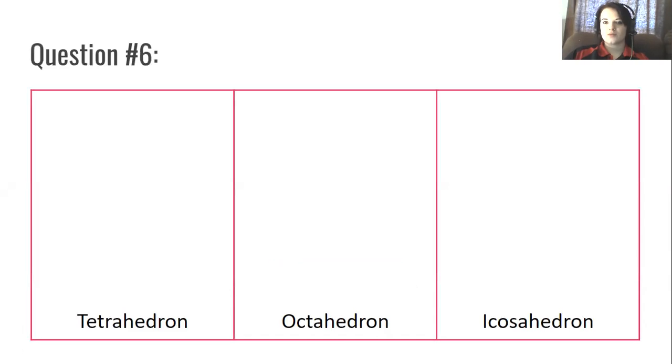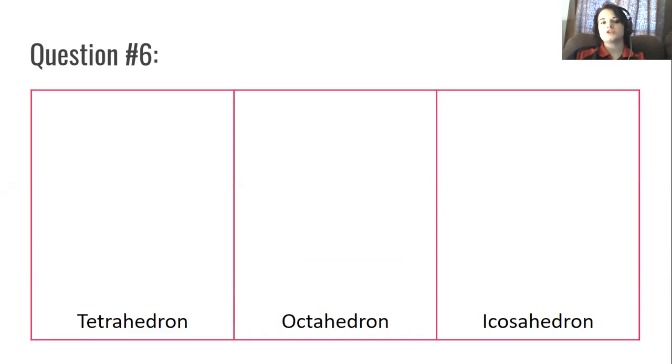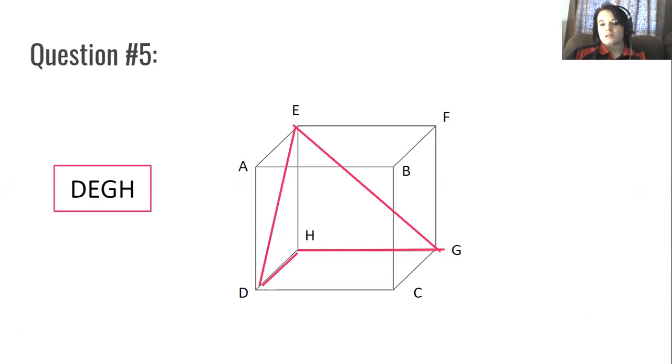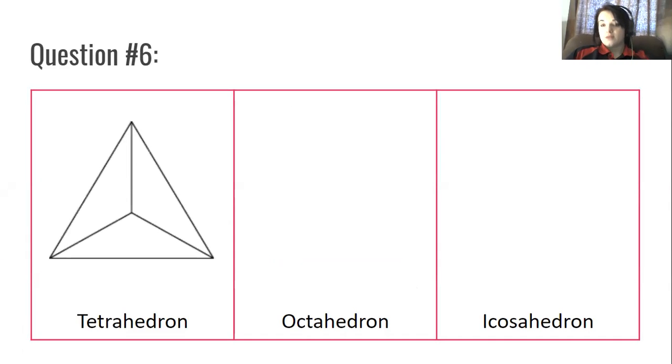So for question number 6, tetrahedron is the first one we're supposed to solve for. We're going to pull that image up. And if you look at this image right here, and then you look at our last one, when the points are connected correctly, not like what I just did, you're going to get that image right there. And that's going to represent a tetrahedron.